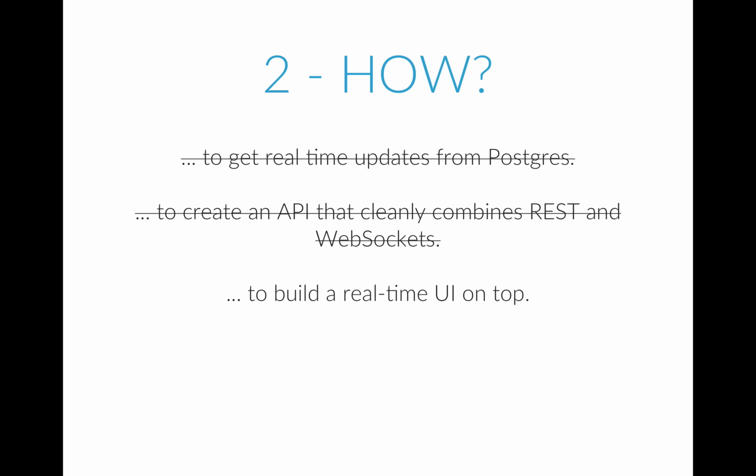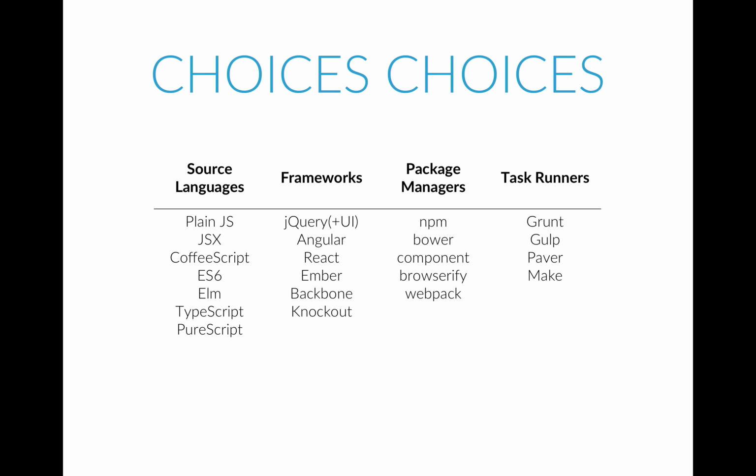So that's the API layer. We've got one more layer to go. It's how we're going to build a user interface on top of this API. There is no shortage of choices in this space.